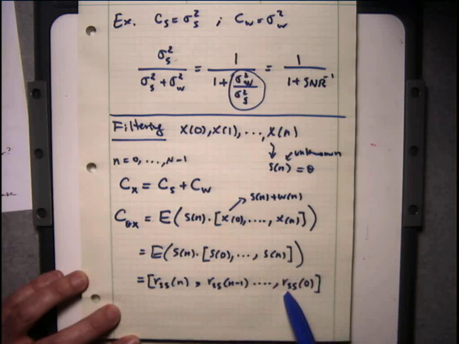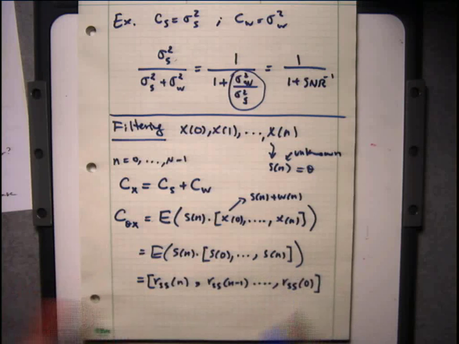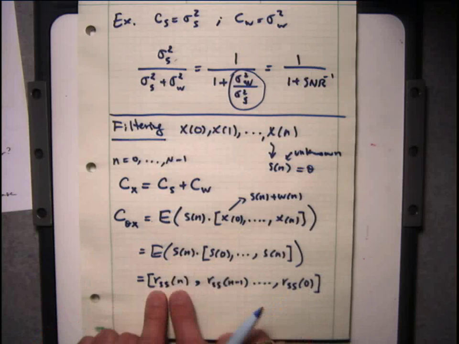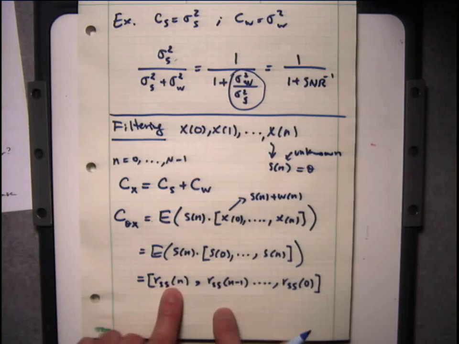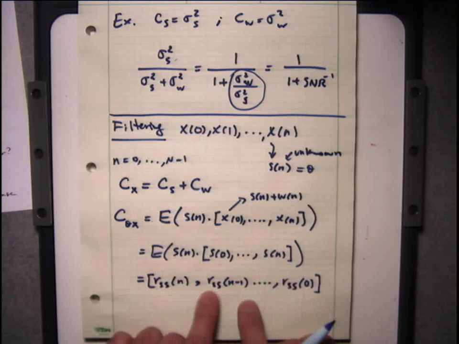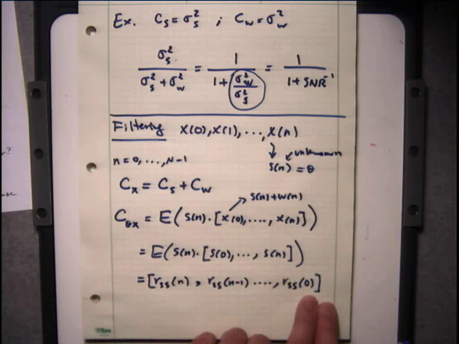The definition of the autocorrelation function is that you take two samples of the random process and multiply them, and the quantity you get, depending on how far apart these two samples are, gives you the value of the autocorrelation function. Here, Sn and S0 are n apart, so this becomes RSS of n. The next two are n minus 1 apart, so this becomes RSS of n minus 1. And these two are not apart at all, at the same position, so this becomes RSS of 0.